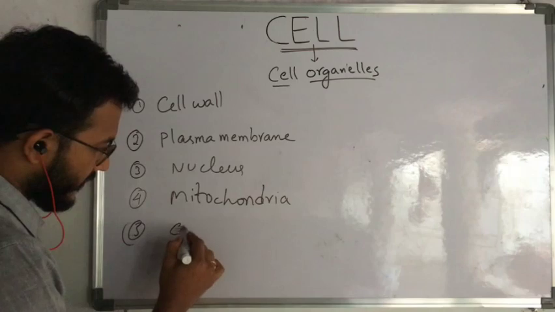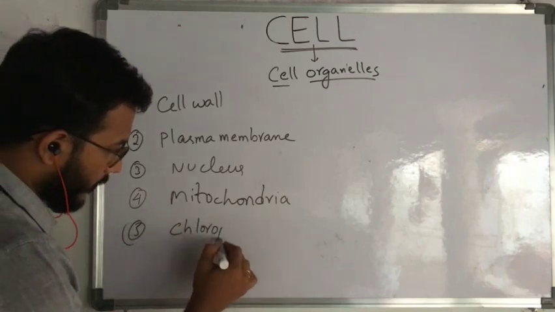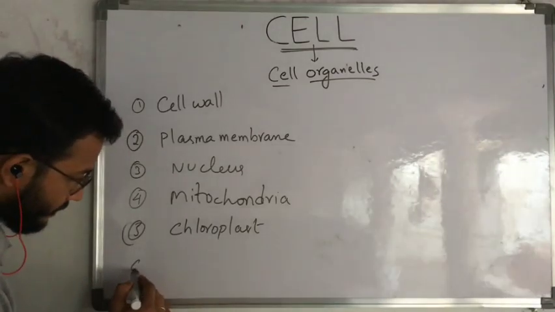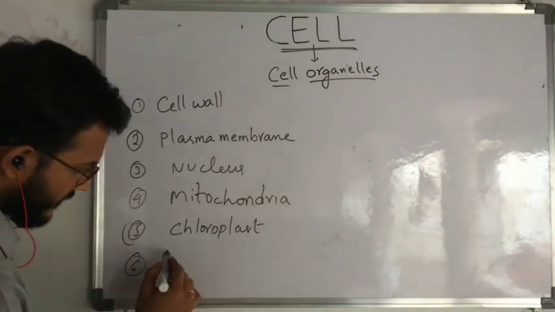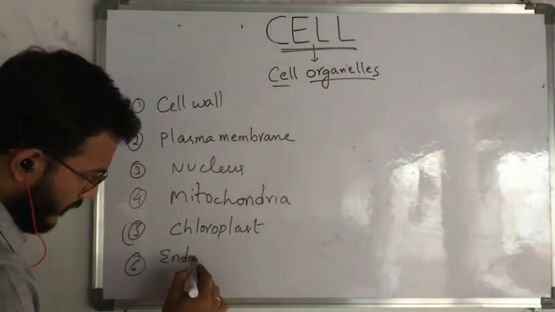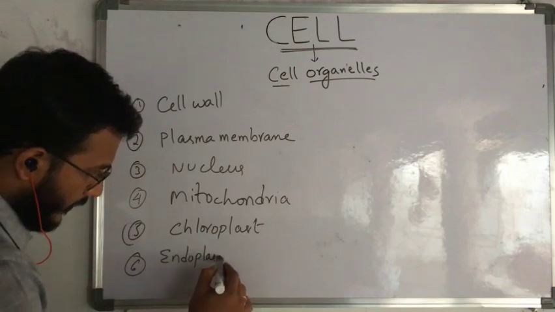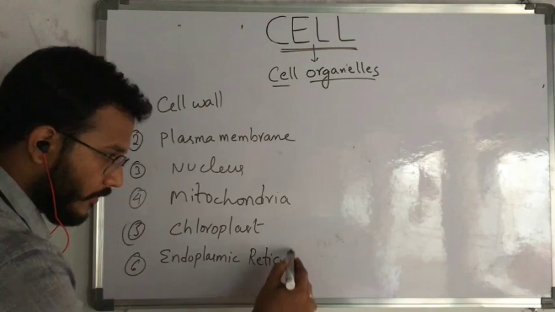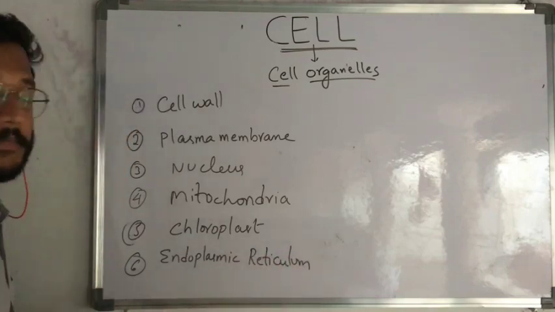The fifth one is chloroplast, and the sixth one is endoplasmic reticulum.